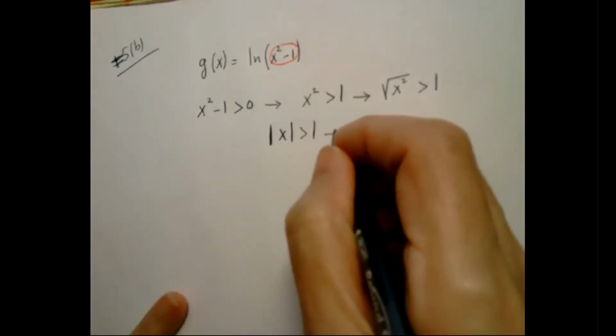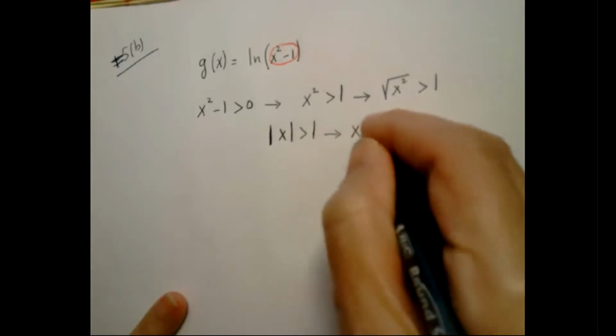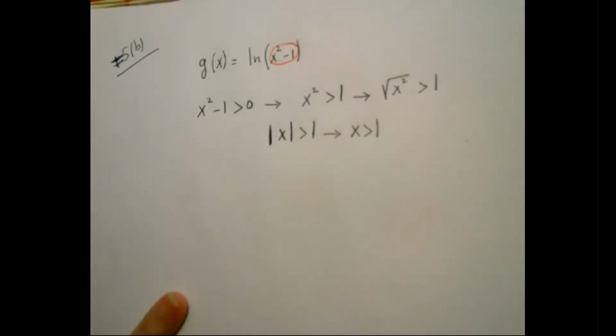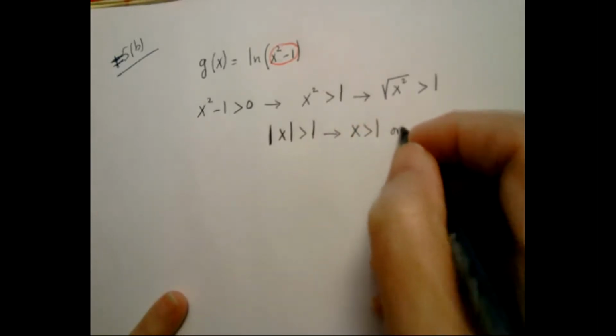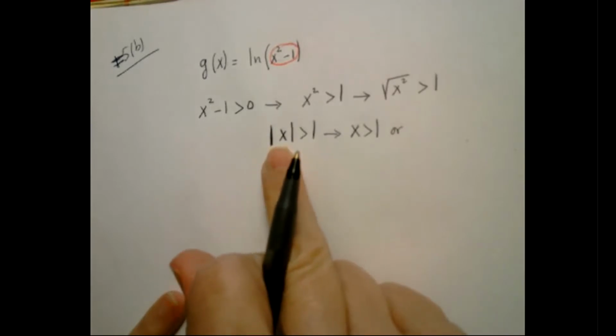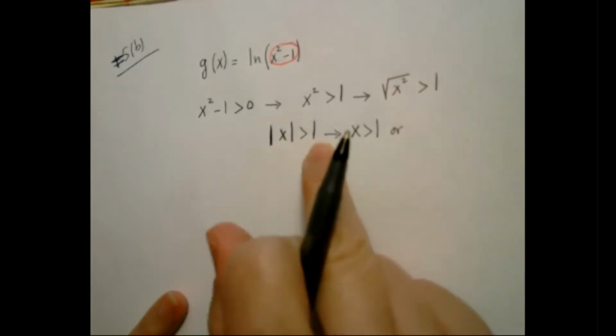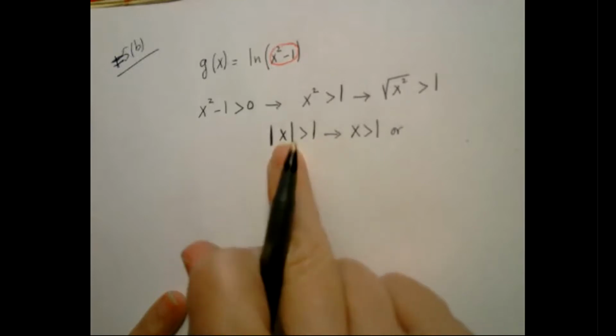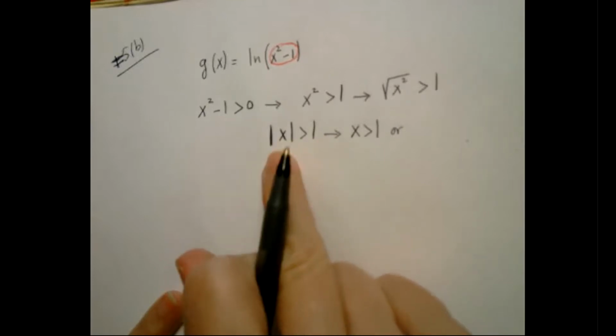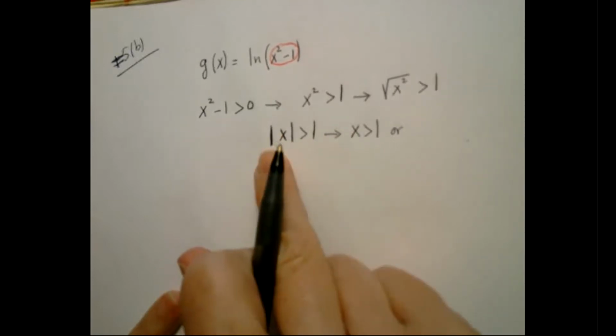So what are all the x's? Everything bigger than 1 will satisfy. But not only that. If I take minus 2, when I take the absolute value of minus 2, I get a number bigger than 1. If I take minus 1.5, absolute value bigger than 1. Minus 1.2.